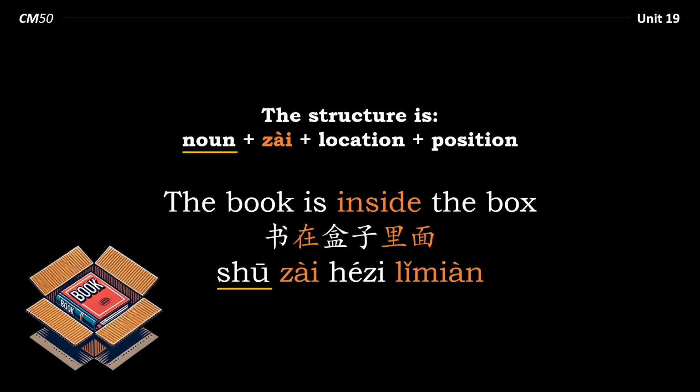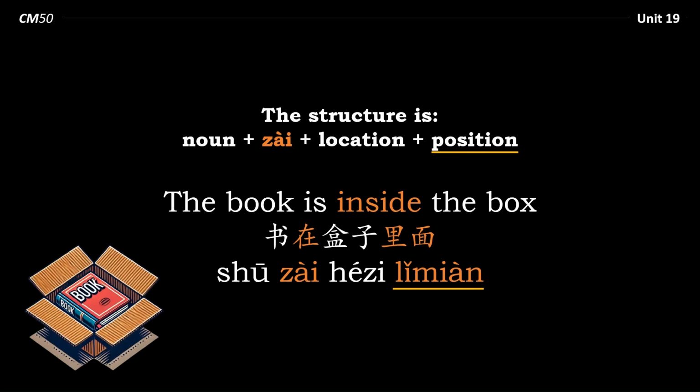Noun, 书, the book. 在, which we know means at. Location, 盒子, the box. And then the position word, 里面, inside. So here we've taken the location and put it in between 在 and the position word 里面.